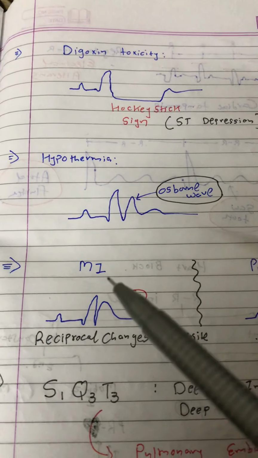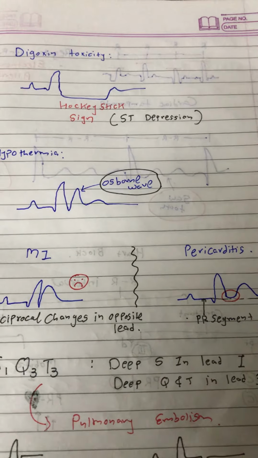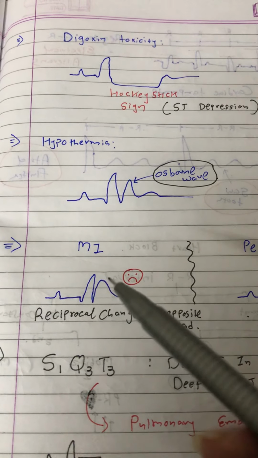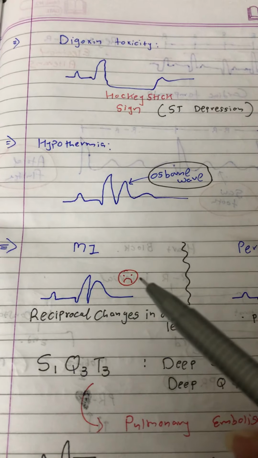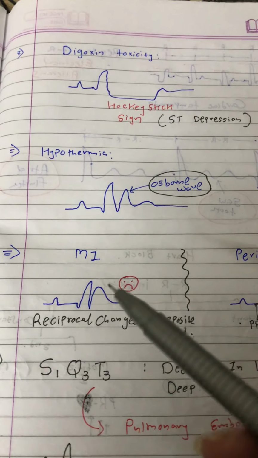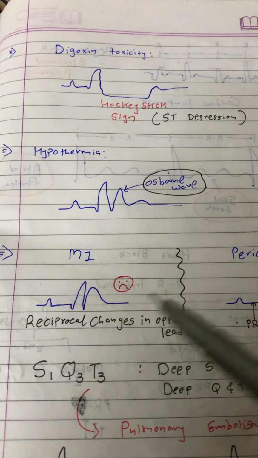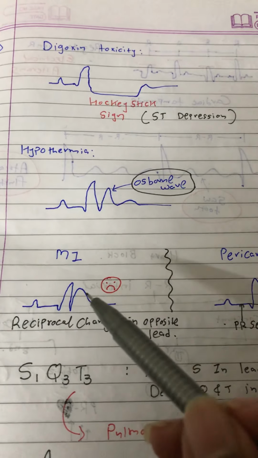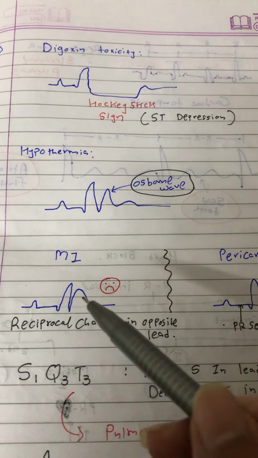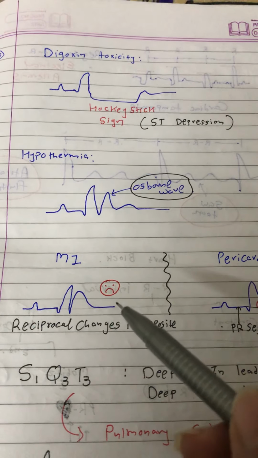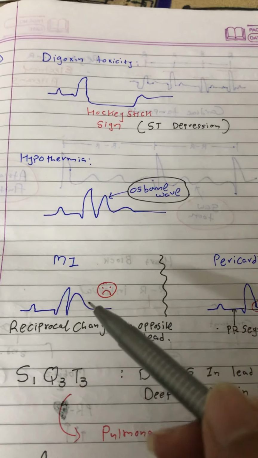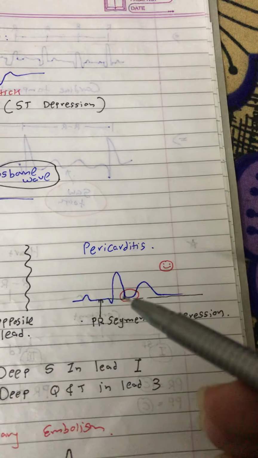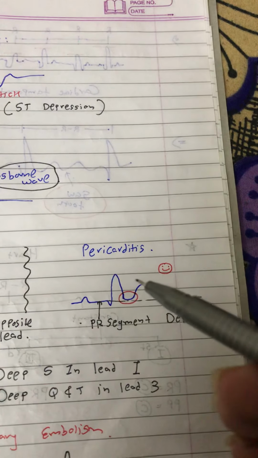In MI and pericarditis, how do we differentiate? In MI you see ST segment elevation, but when we compare the ECG findings, it looks like a sad face. In pericarditis we see a smiley face.